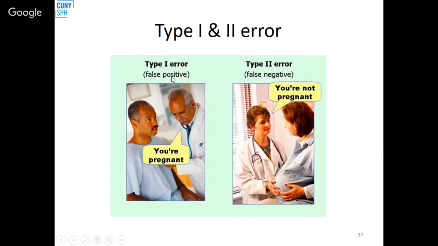So this is a false positive or a type 1 error. The alternative, with the two women here, obviously pregnant, and the doctor saying you're not pregnant, that's the false negative or the type 2 error, when in spite of the truth, the alternative hypothesis being true, the null hypothesis is not rejected.